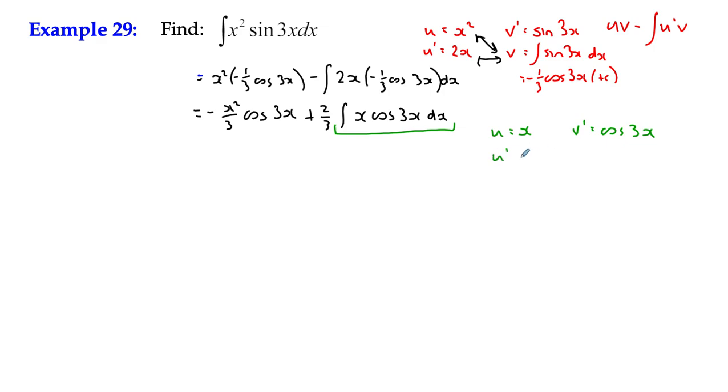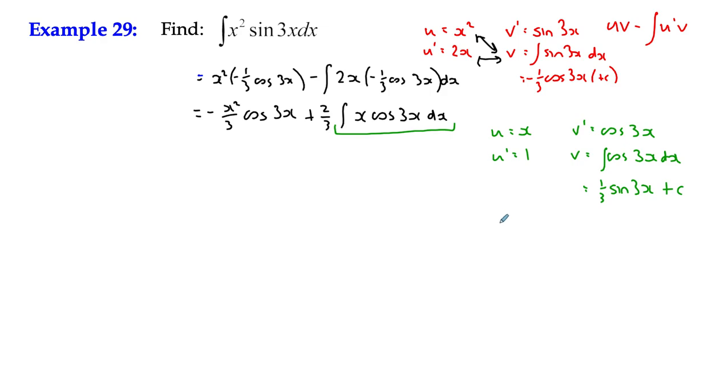So the derivative becomes 1, and v is going to be the integral of cos 3x with respect to x, and cos integrates to positive sine, so we've got sine 3x again divided by the derivative of 3x, which is a third, plus c. We may use that just now, so it's good to keep it in and then think, do I need it?